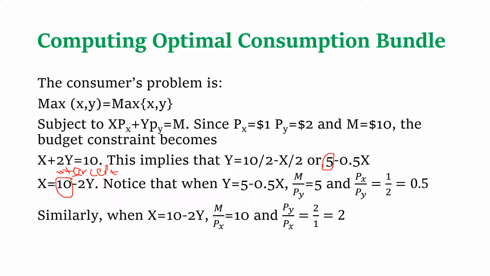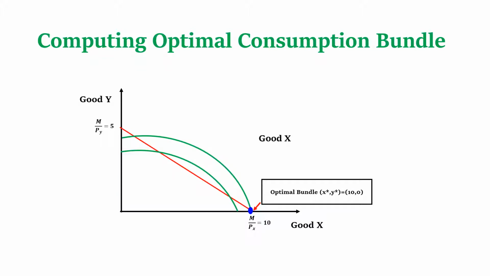Now we have our m over px, which is 10, and then m over py, which is 5. Then we have our py over px, which is 2 over 1, which is 2. And then px over py is 1 over 2, which is 0.5. Right? So we're going to use these values to construct our budget constraint for this consumer.